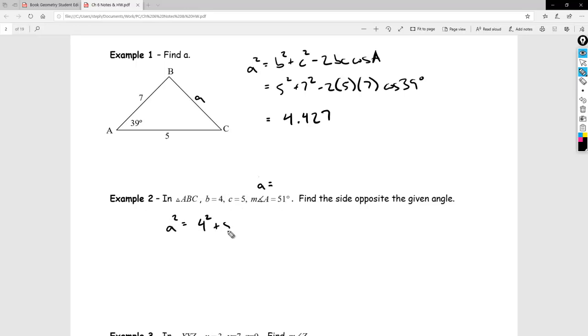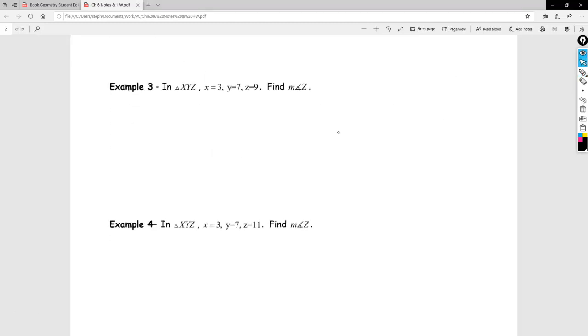So 4 squared plus 5 squared minus 2 times 4 times 5 cosine of 51. Okay, again, we plug this into our calculator. Again, do not forget to square root everything. And a must be 3.978. Alright, moving on.